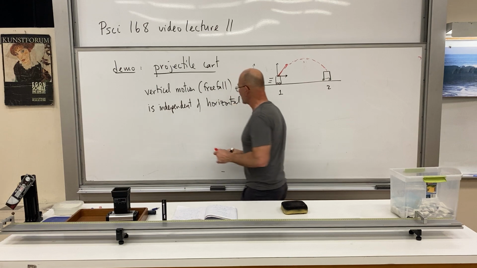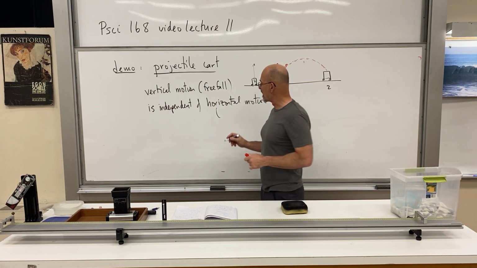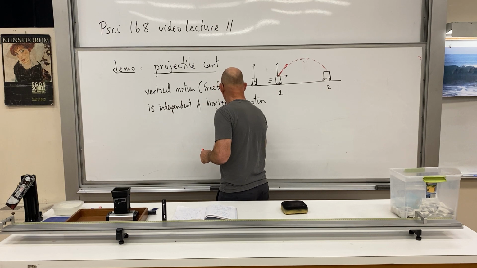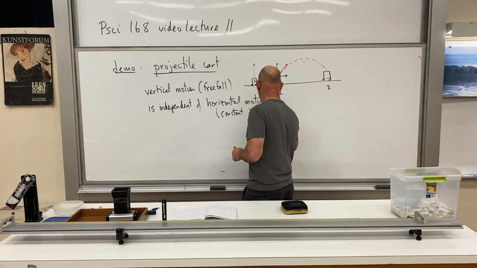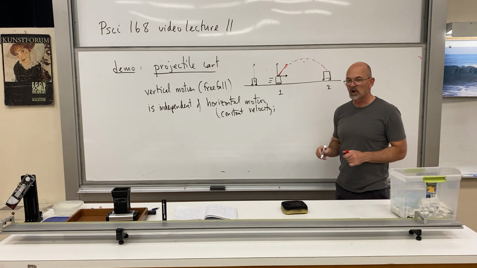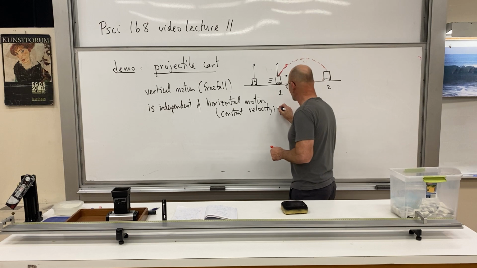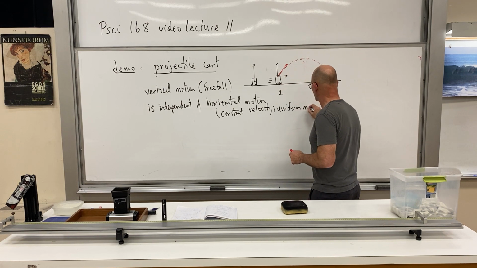And what was the horizontal motion? Simply constant velocity. And constant velocity motion is also called uniform motion. So I'll just put that there as well. Uniform motion.